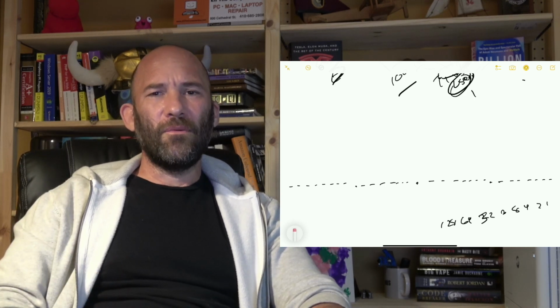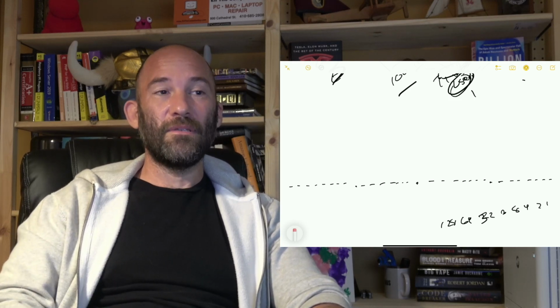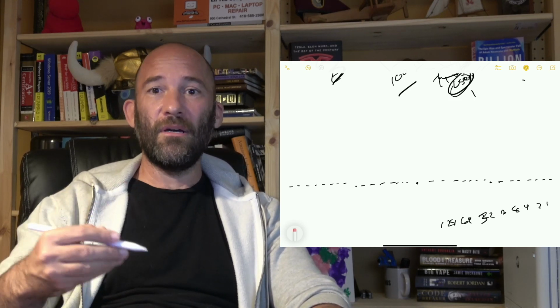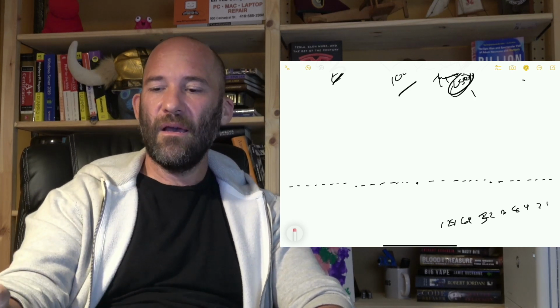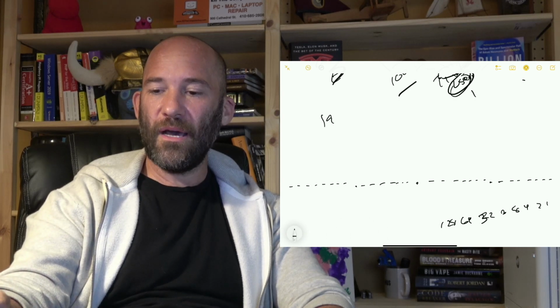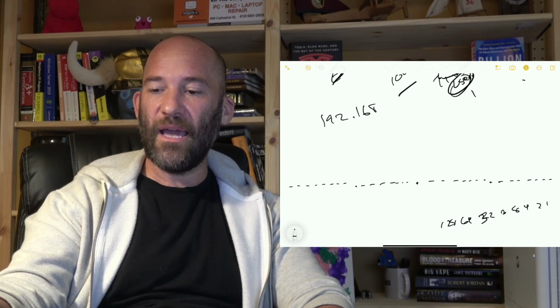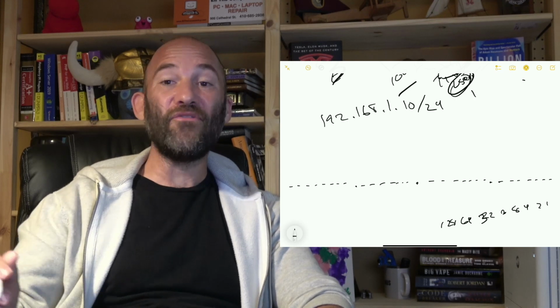So whenever you're dealing with Cisco equipment, whenever you're dealing with something that's very network heavy, you'll see how they denote subnet masks: instead of saying class A, class B, class C, they'll do a slash. So they'll do 192.168.1.10 on a /24.